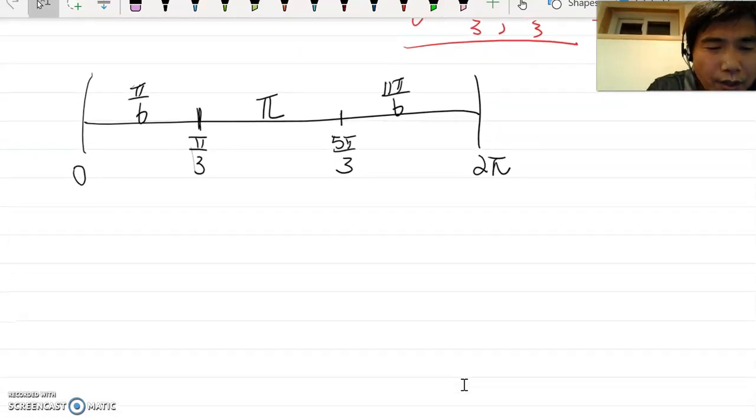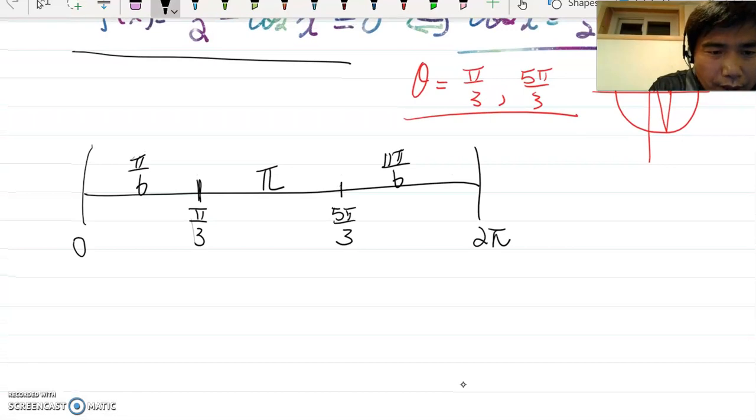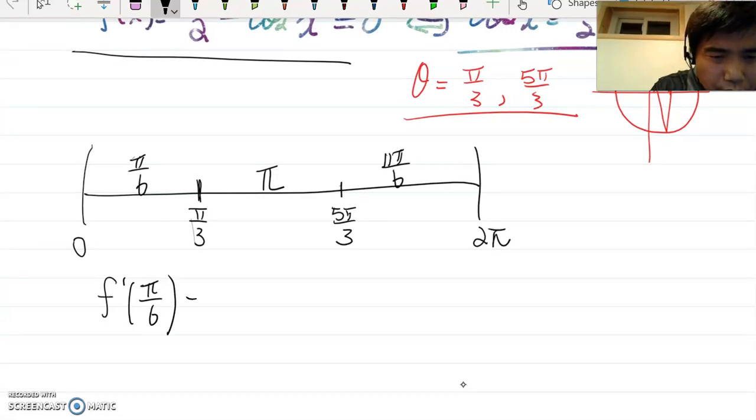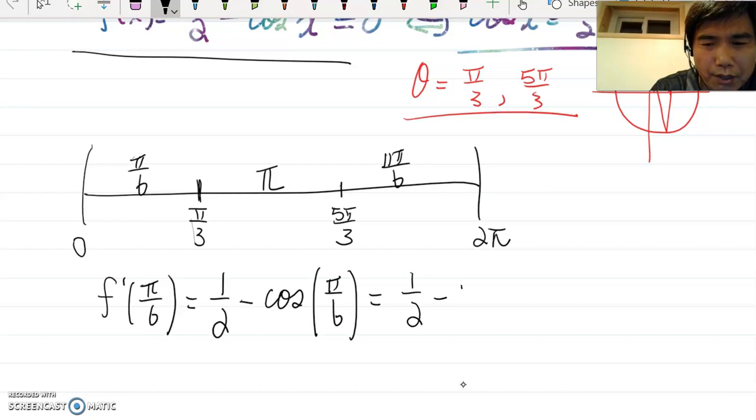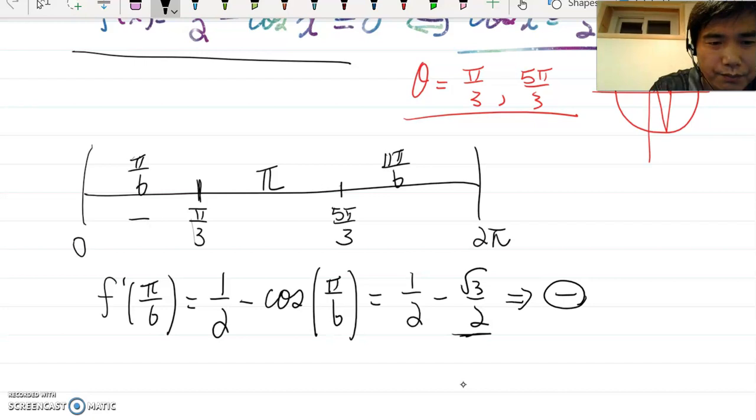So f prime of pi over 6 is 1 over 2 minus cosine pi over 6, right? We know that cosine pi over 6 is root 3 over 2, so 1 over 2 minus root 3 over 2. You know that this is actually bigger, so it becomes negative here.